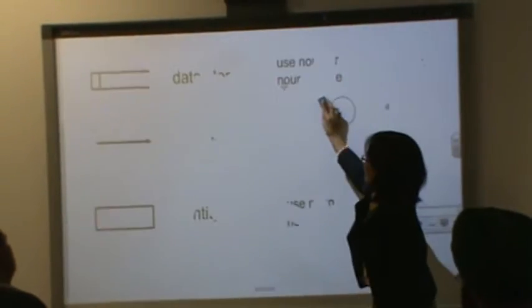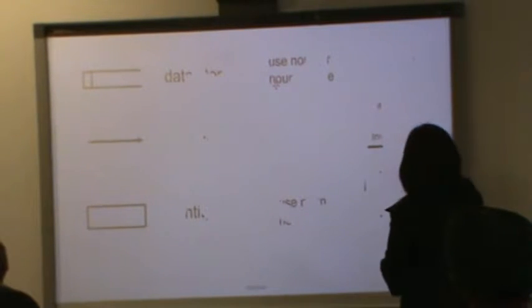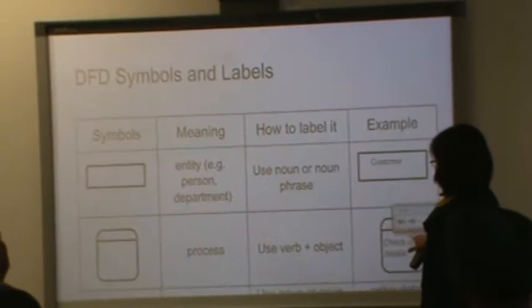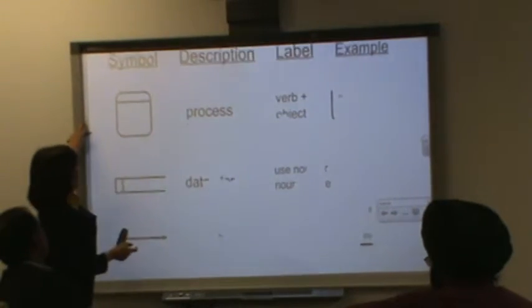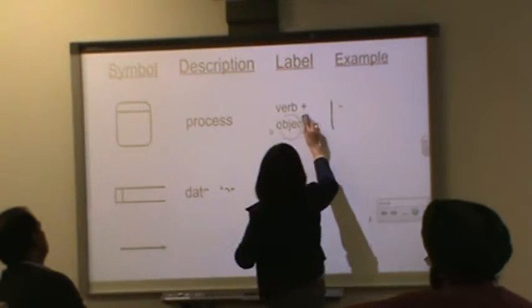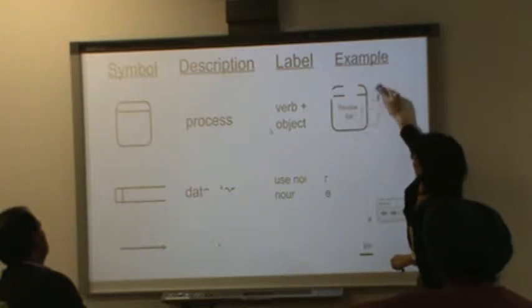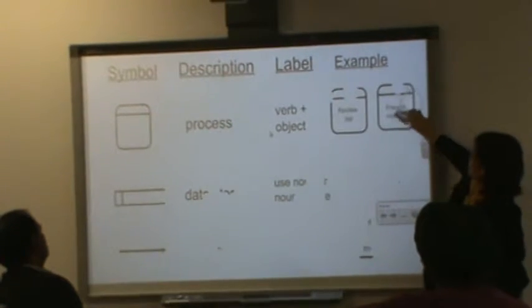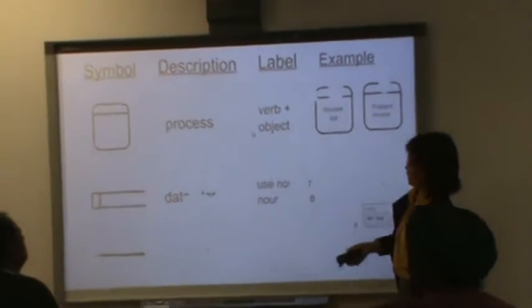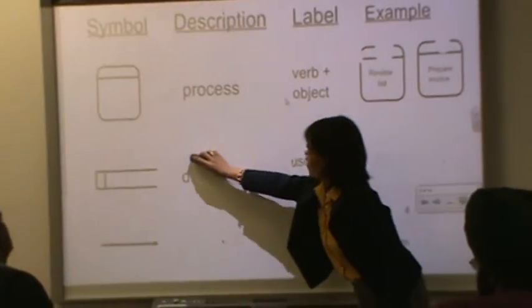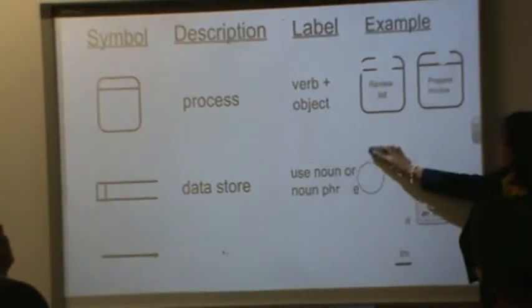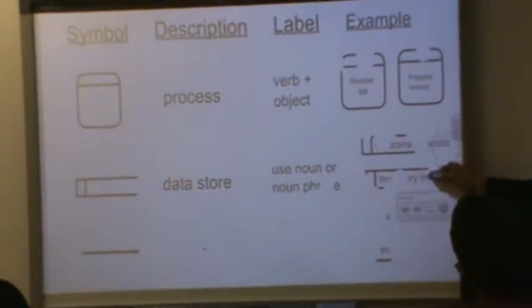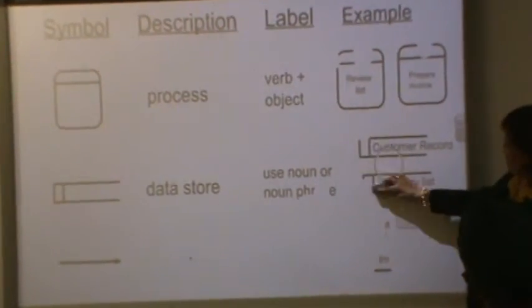Yes, you use verb or verb object. As an example, we have review list, prepare invoice. And then we have this, of course, it's clear now, data store. You use a noun, and an example is customer record, and so on.